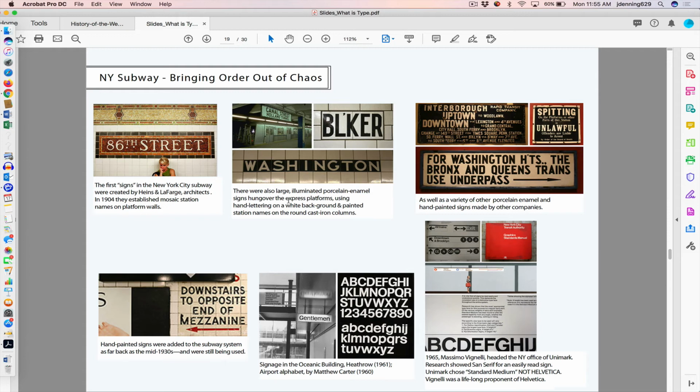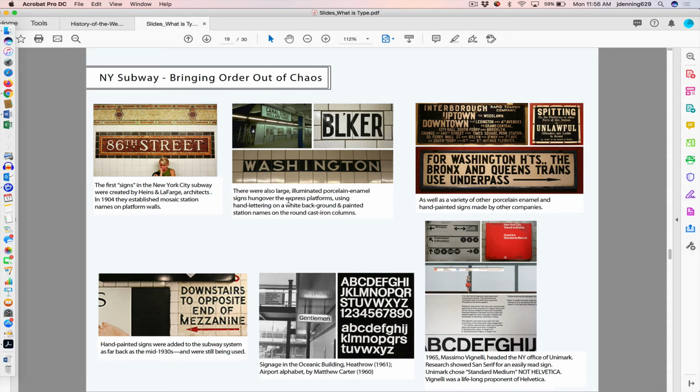And so there was a conscious effort to redesign all of the letter forms, and Matthew Carter was commissioned to design a typeface for this, and he eventually named his typeface Airport, which was based on what we commonly know as Helvetica today, which we're going to learn a lot more about.